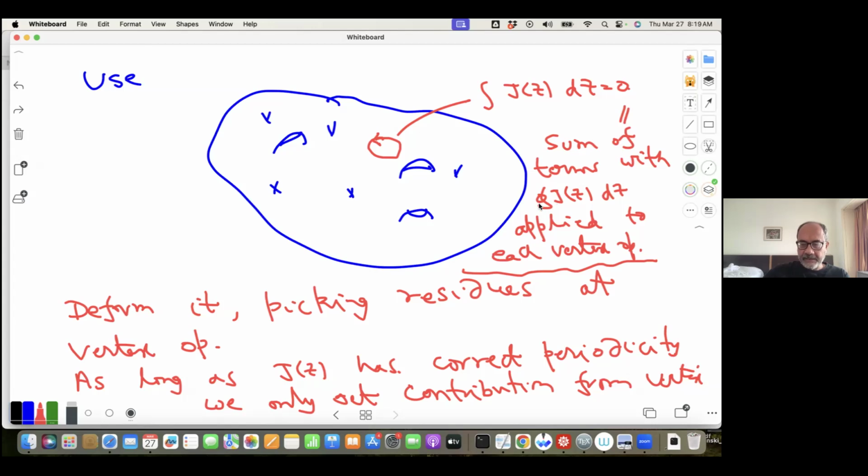Imagine that we had found a current that generates space-time supersymmetry transformations of the vertex operator. Namely, when you do a contour integral of the current around the vertex operator, it will tell us how the vertex operator changes when you apply the space-time supersymmetry transformation. Then we could apply the same logic. Start with the integral of J(z) dz equal to 0, then deform the contour, pick up the contribution from each vertex operator, and that's the way you'll get the supersymmetric Ward identity.